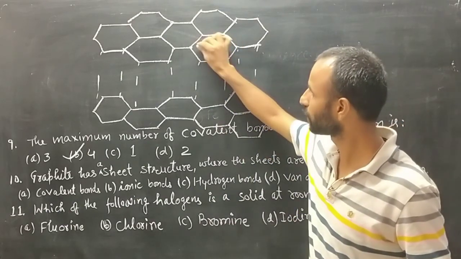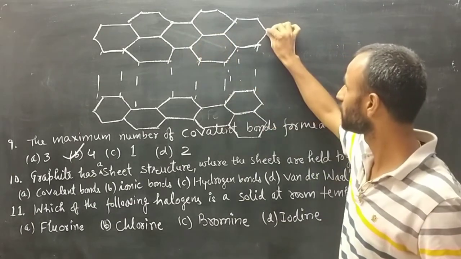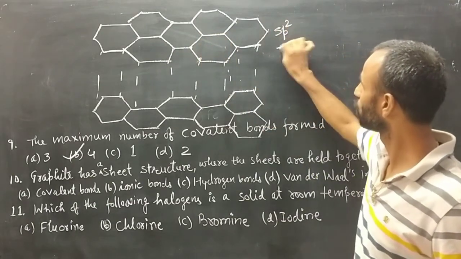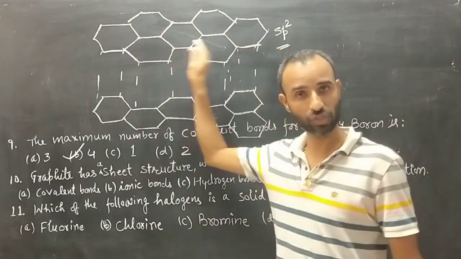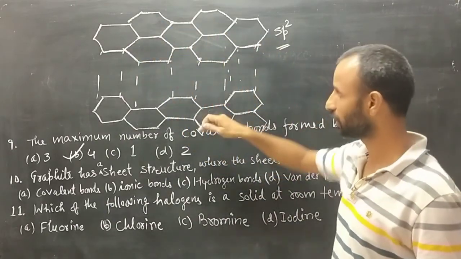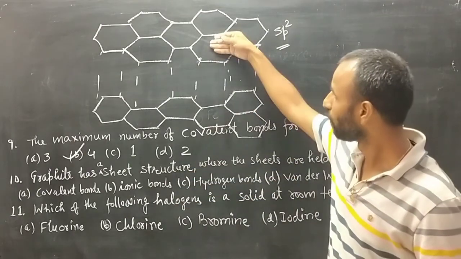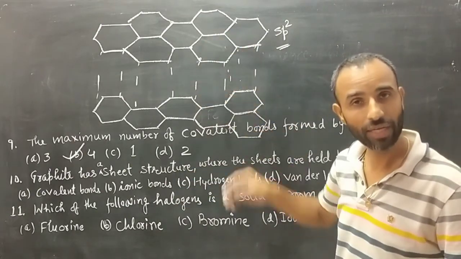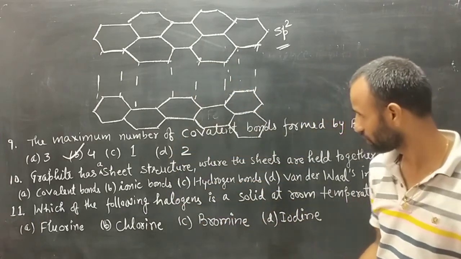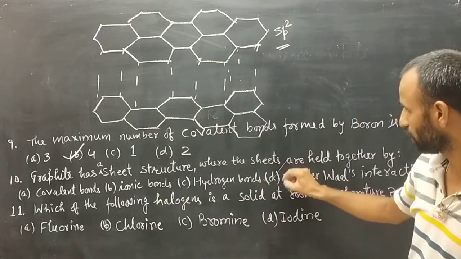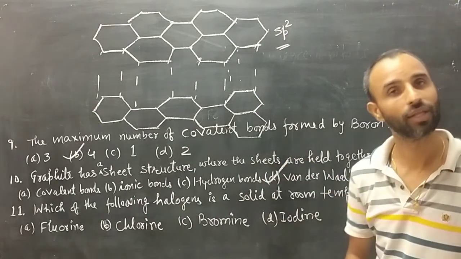One electron is free per carbon atom because each carbon atom is sp2 hybridized. But conductivity is within the layers. The slippery nature is because one layer can slip over the other easily, since there is van der Waals interaction between the layers.